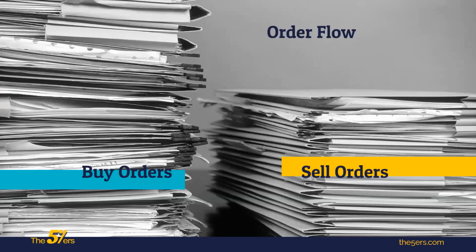Another way to look at this, to illustrate what is actually happening, is the exchange desk. Imagine that every line you see on both sides represents an order. On the right side, we see orders from participants who want to sell that commodity.